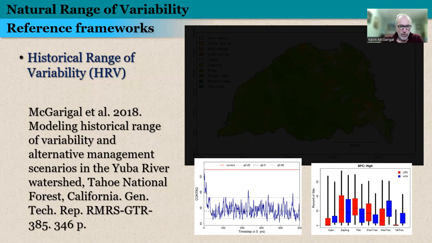The first one showing the variability in the contagion metric, a measure of overall vegetation clumpiness over time.